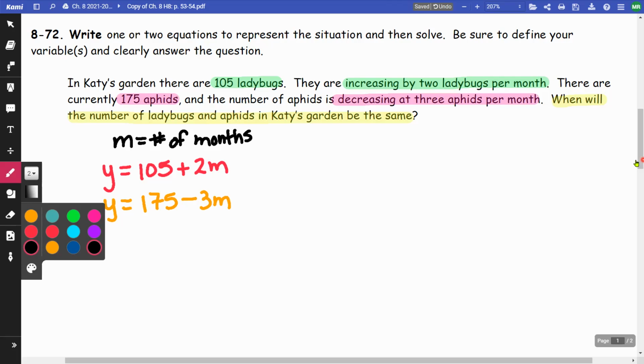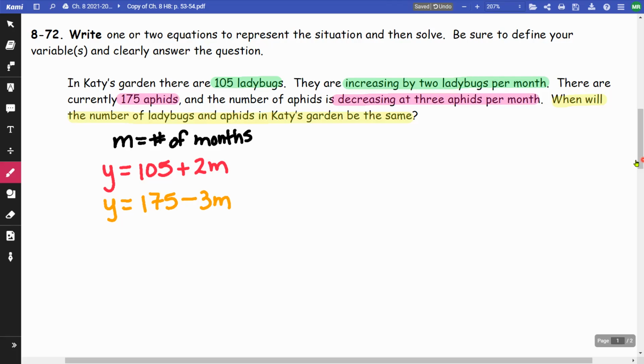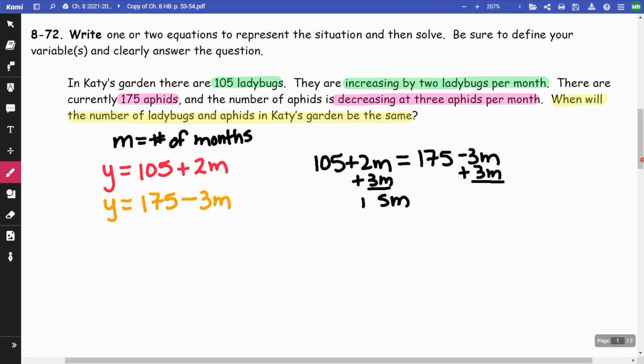Now I'm going to solve this system by using equal values, since they're both y equals. So I'm going to go 105 plus 2m is equal to 175 minus 3m. I'm going to add 3m to both sides, and I'm going to get 5m plus 105 is equal to 175.